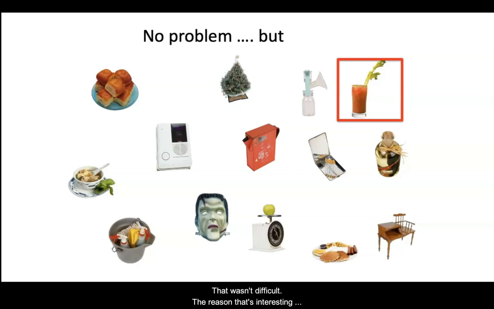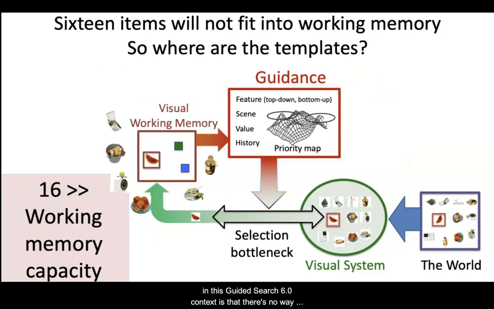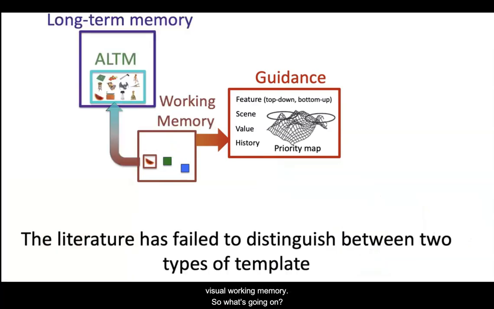The reason that's interesting in this Guided Search 6 context is that there's no way those 16 items fit into working memory. Nobody's model of working memory holds 16 items, and if it did, we could just simply scale this experiment up to 100 items. You'd still be able to do it. So those templates cannot all squeeze into your standard visual working memory.